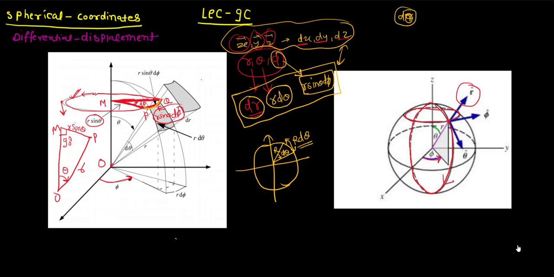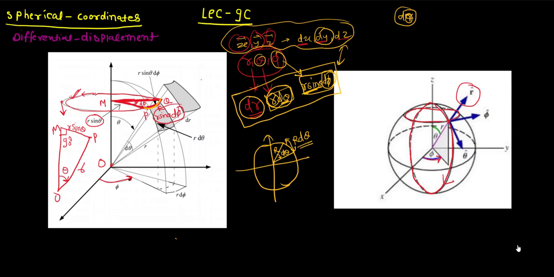When you are going into the direction of y, the length of the element would be dy. But it is not the same in the case of theta, because this has a scaling factor r along with d theta. So it is not d theta, it would be r d theta. Similarly, in the direction of phi, it would not be simply d phi, it would be along with r sin theta.